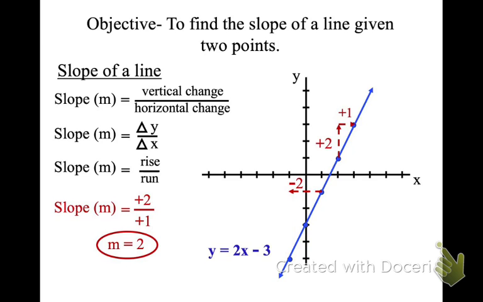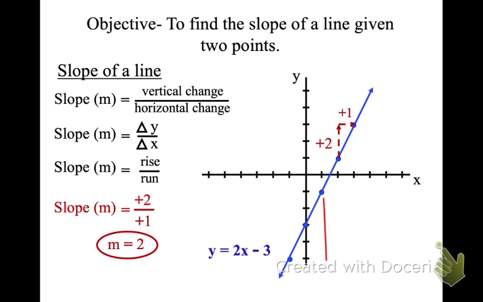Let's see the way they're going. So I went up 2 over 1, or I could start from another point. Let's go from here. I could go down 1 unit, and then down here.